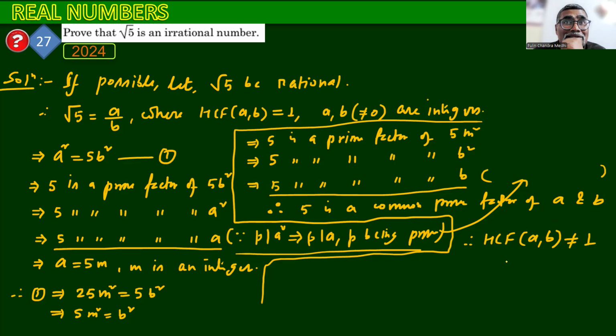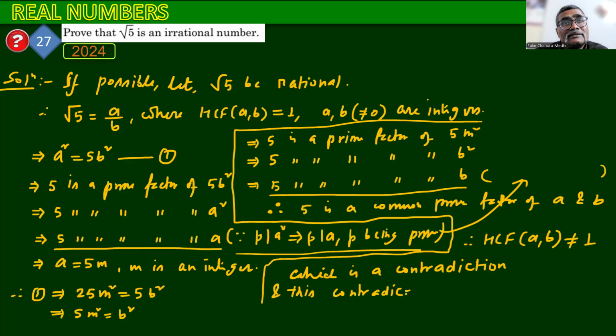Why is this contradiction coming? Because of a wrong supposition. So you write: which is a contradiction, and this contradiction leads us to conclude that root 5 is irrational.